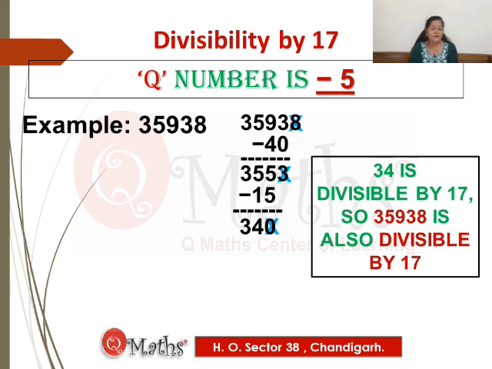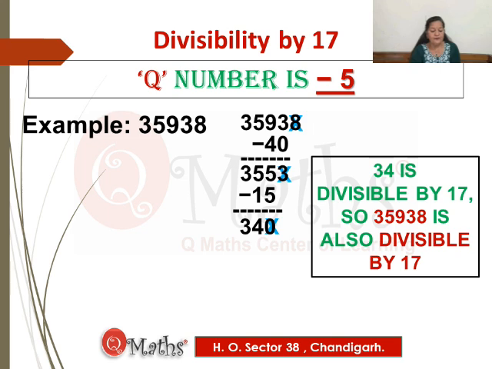So 3 into minus 5, it comes minus 15. So 355 minus 15 is equal to 340. So 0 into minus 5, it comes 0. So 34 plus 0 is equal to 34. And 34 is divisible by 17. It means 35,938 is divisible by 17.